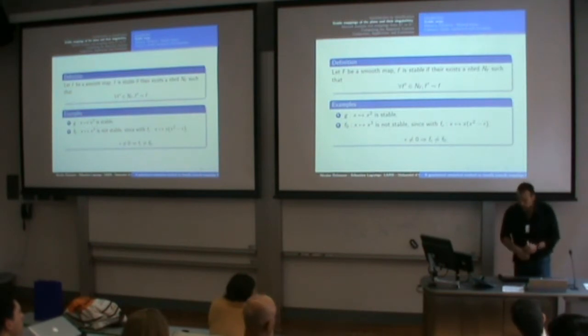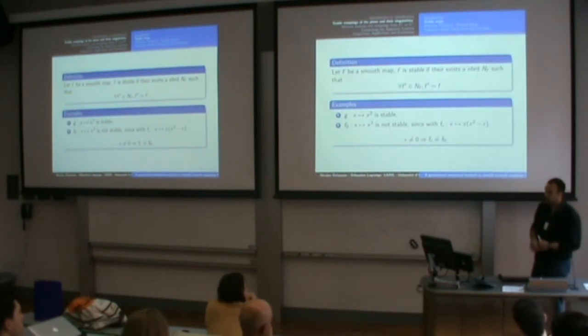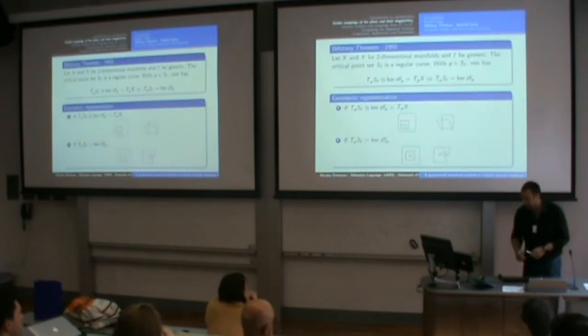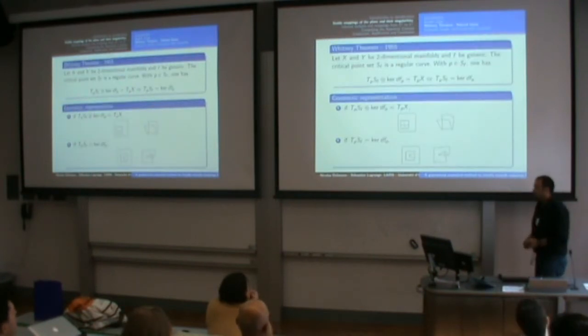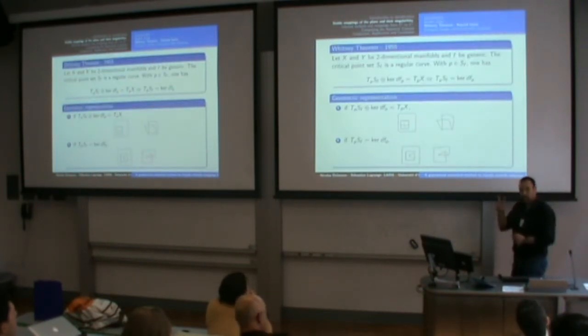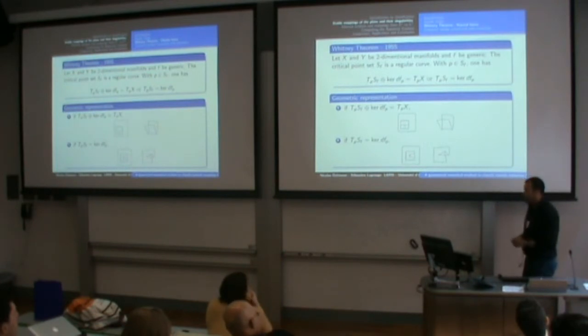And during all the presentation, I'm just going to consider stable maps. So now I'm going to focus on the two-dimensional case. Because in the two-dimensional case, we have beautiful theorems that have been proven by Whitney and generalized by René Thom.